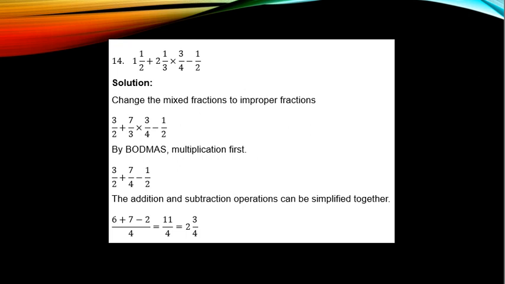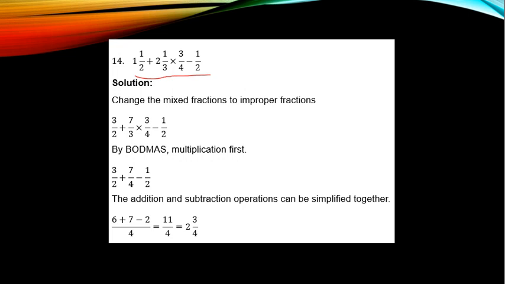Next example, you can see it on your screen. 1 whole number 1/2 plus 2 whole number 1/3 times 3 over 4 minus 1 over 2. You have three operations here: addition, multiplication, subtraction. So the first thing to do is to convert the mixed fractions to improper fractions.